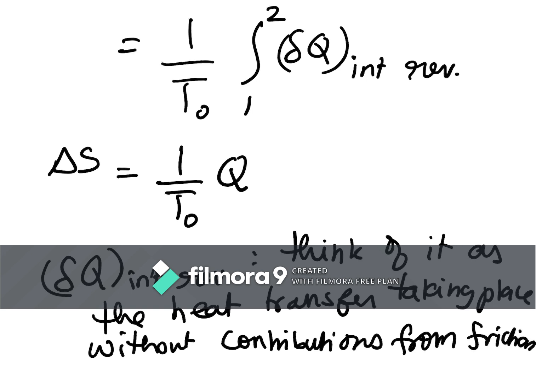That is, there are no losses, there is no dissipation. It's the amount of heat transfer that you transfer just based on temperature difference. It doesn't involve frictional components. That's the internally reversible heat transfer that we refer to.